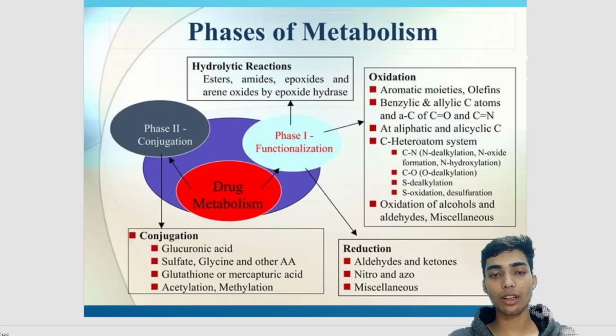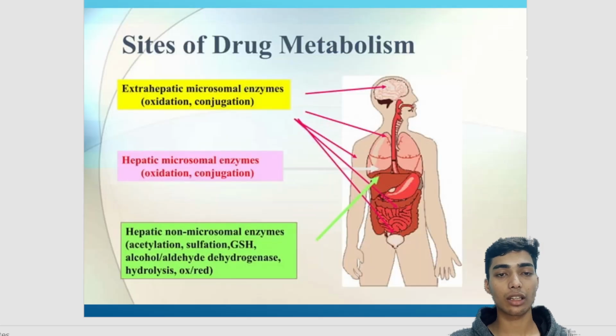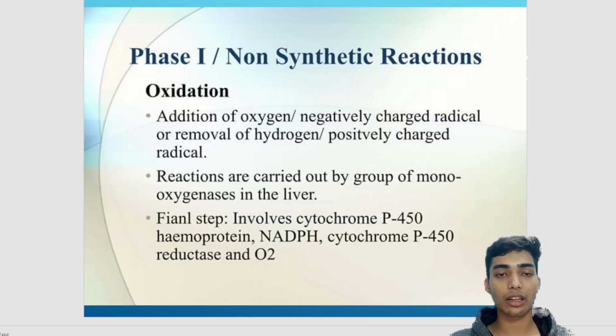Here we can see a chart of phases of metabolism, which includes drug metabolism phase 1 and phase 2 reactions, then conjugation, reduction, oxidation, and hydrolytic reactions. Then here we can see a diagram of the sites of drug metabolism. Let's talk about phase 1 or non-synthetic reactions, which include the oxidation reaction.